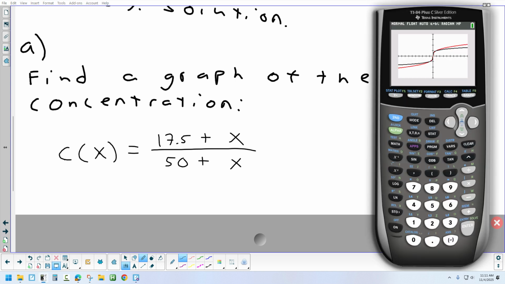Can the concentration ever reach 100% if we keep pouring in more acid? No. Why? Because it never started at 100, right? It's like if you had a bucket of white paint and you put a drop of red in it. It's never white again, right?